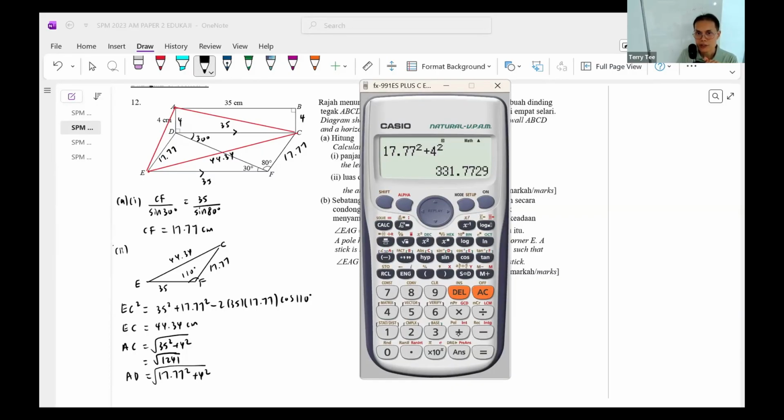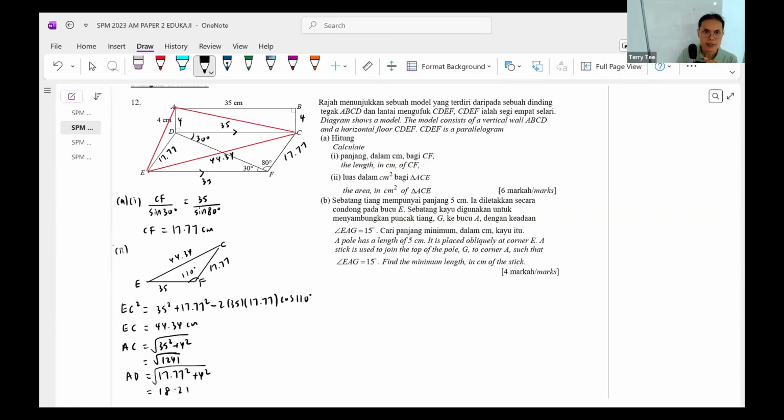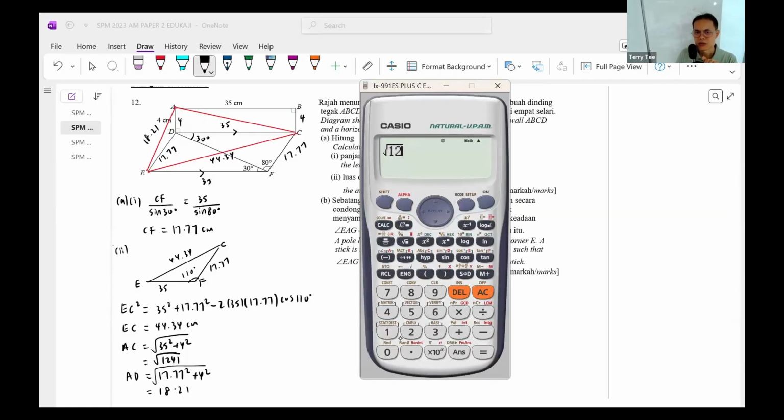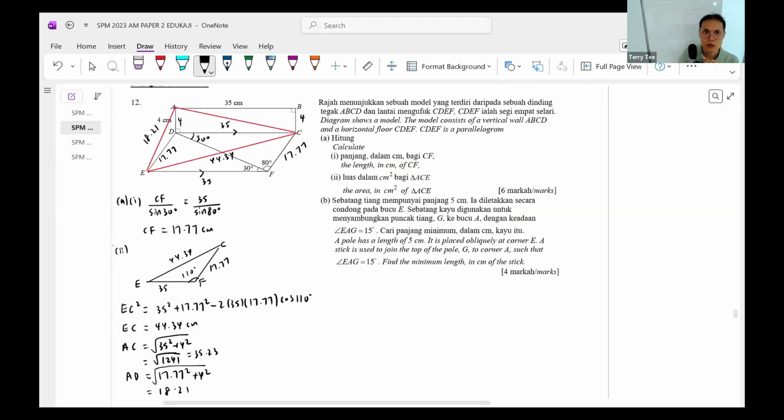This will give us 18.21. Now, guys, I know all this. Or do you prefer to use square root 1241? Okay, just use 35.23 and follow the same thing. Okay, I have the length of all three sides.